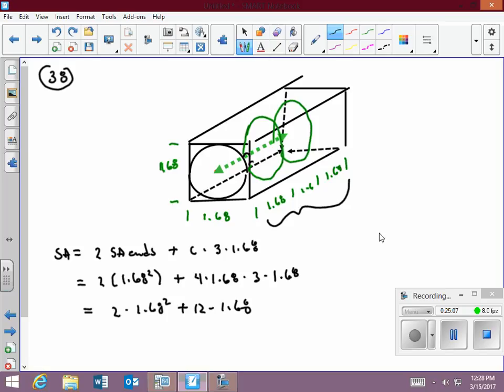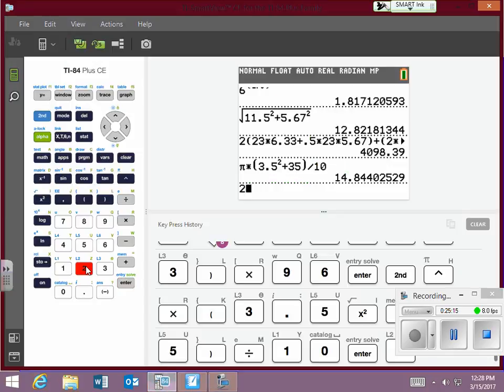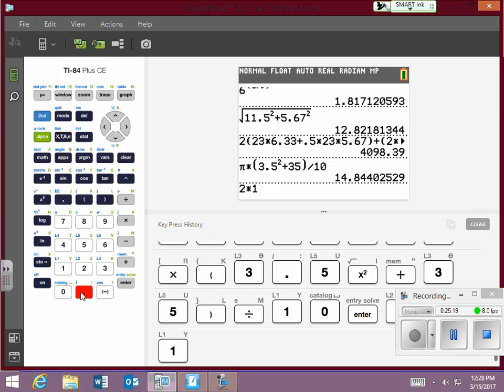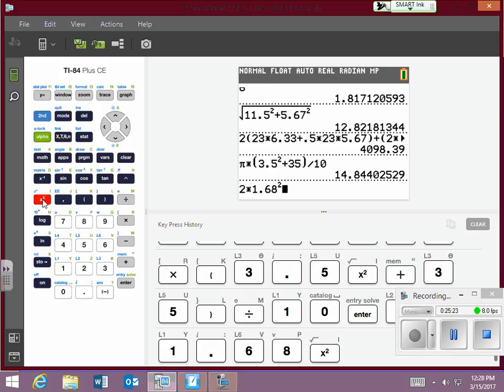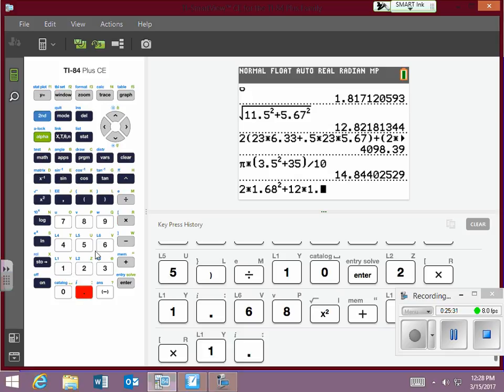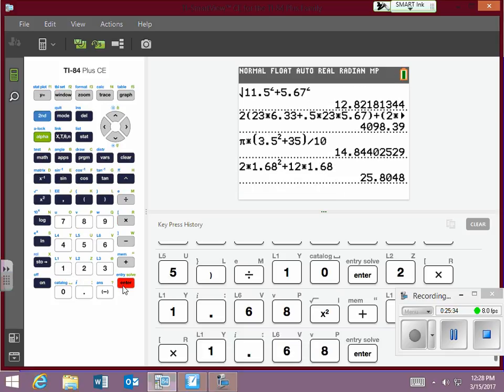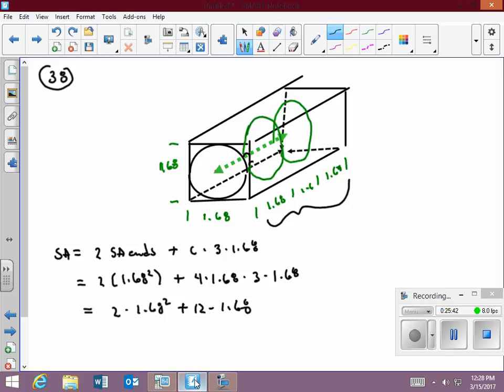Okay. 25.8. What is that? Inches, inches squared.